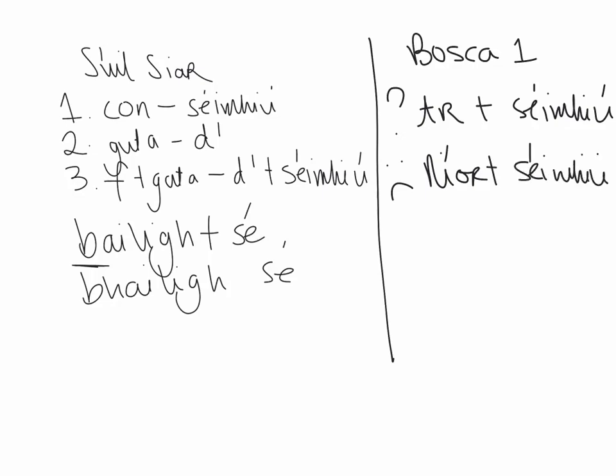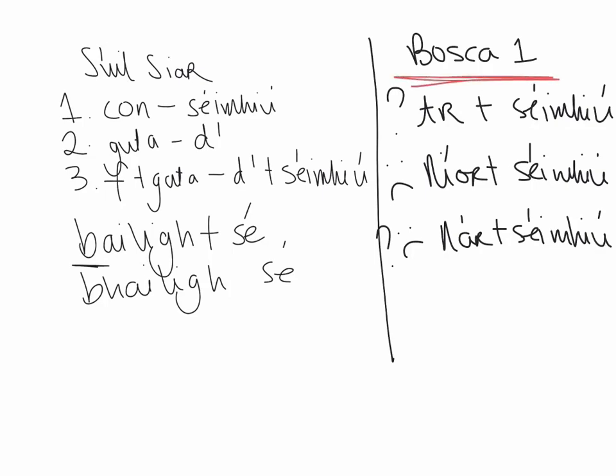Agus chun ceist dhiúltach a chur, to ask a negative question, didn't you? Úsáideann tú nár agus séimhiú. Don't be worried about the last one, but just so you know. And then the other things, the second you hear bosca héan, there should be a few things flashing in your head.